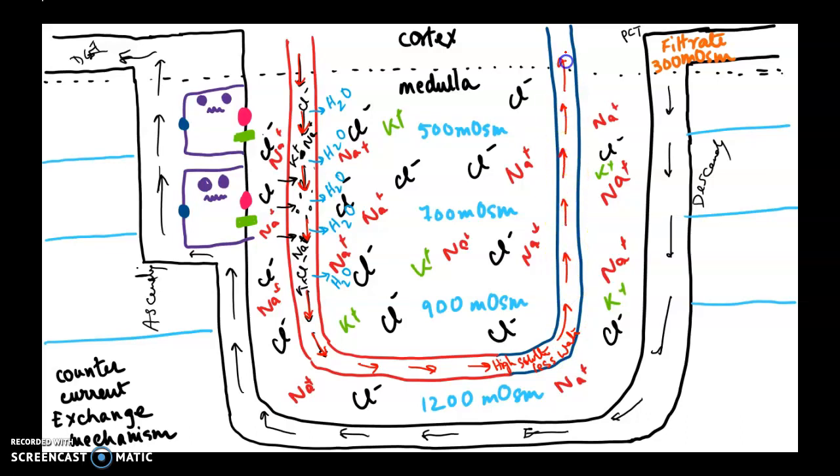As it moves up, think of the osmolality of the medulla. The medullary osmolarity goes down as the blood moves up, right? 900, 700, 500. So at this point, all the salts will be dumped out.